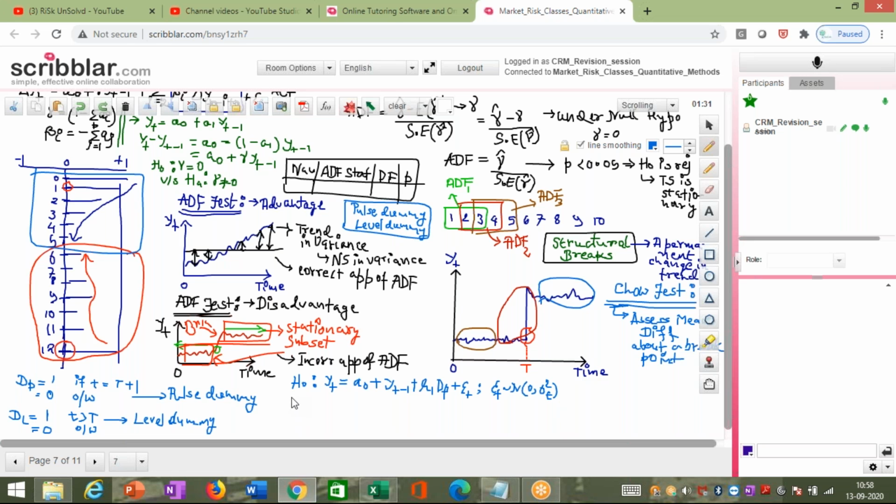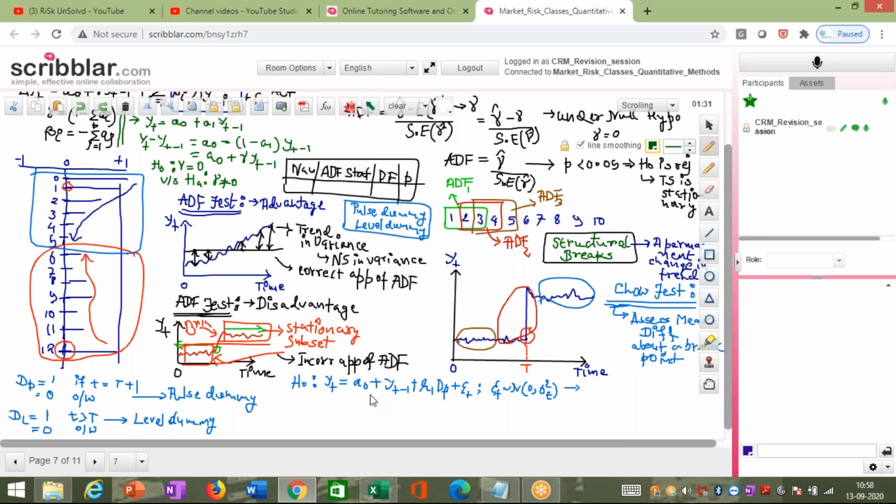Right. So now the question is, what is it that this null hypothesis is trying to tell us? One of the things that you can clearly see is that YT equals YT minus 1 plus ET, if I remove this mu1 DP, is nothing but a non-stationary process.